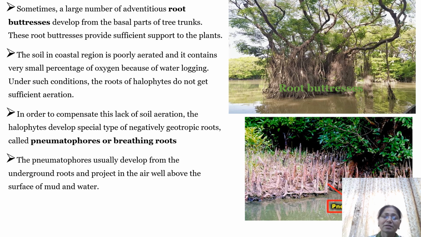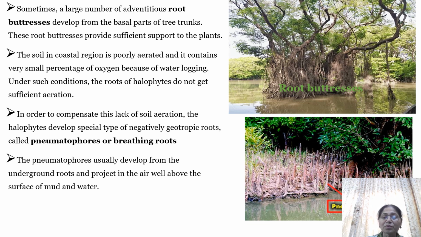Any idea? Okay, let's discuss this concept, how the roots will breathe in water where there is no air. From the horizontal roots, the normal roots growing in the soil, some aerial roots develop from their surface.